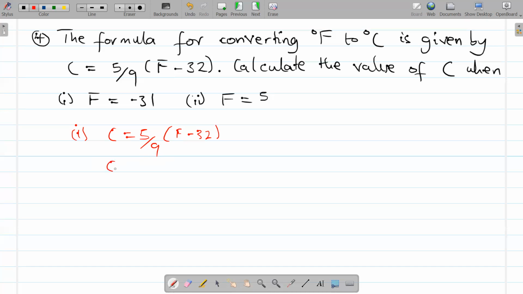Let's look at what you've done. So C is equal to, you did like this? Yes. Then I extended it with 9. Yeah, I could proceed directly. So the F is minus 31. So minus 31 minus 32. So what are you going to get?